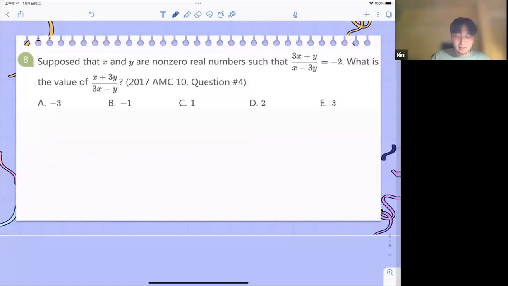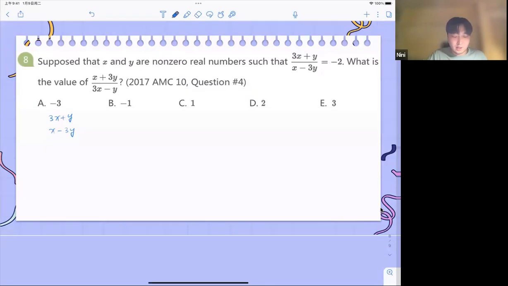So suppose that X and Y are non-zero real numbers such that this part is equal to minus 2. So what is the value for this part? Let's write them down firstly. We got 3x plus y, and we got x minus 3y.